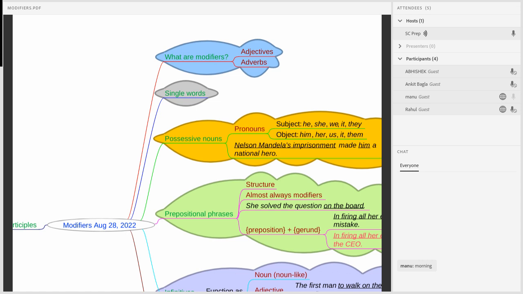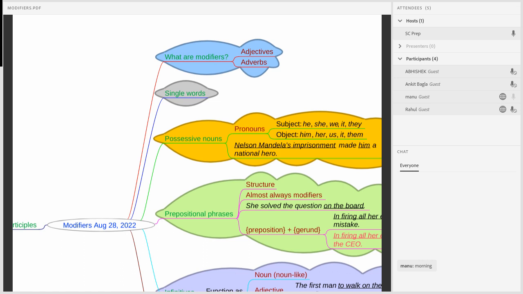Adjectives are elements within a sentence that describe nouns. They typically tell us how many nouns, which noun, what kind of noun we're looking at. Adverbs, on the other hand, are elements that describe anything other than a noun. That could include adjectives, other adverbs, verbs, and even entire clauses. If you're modifying an entire clause, it has to be an adverb that does that, not an adjective.